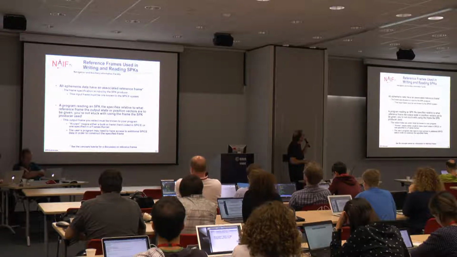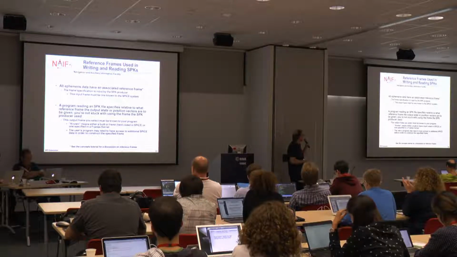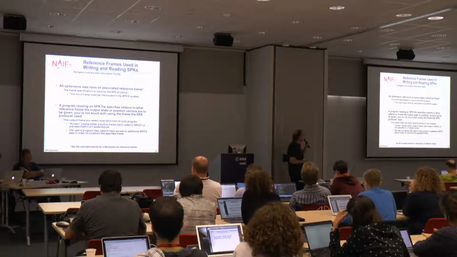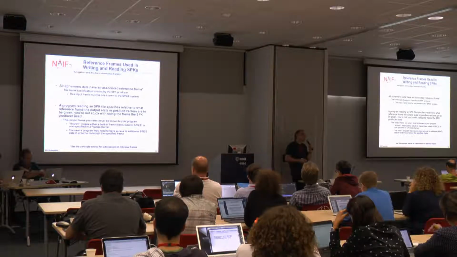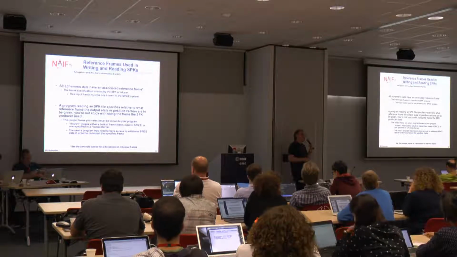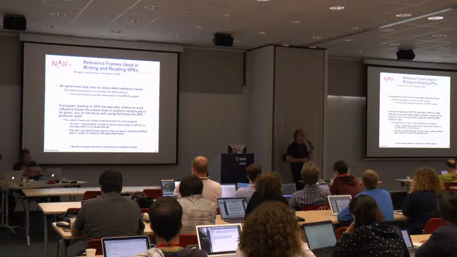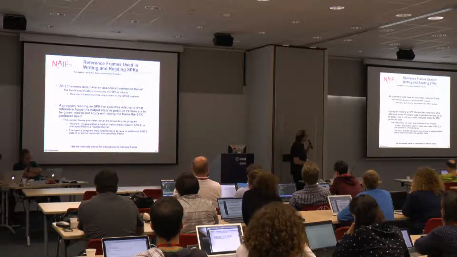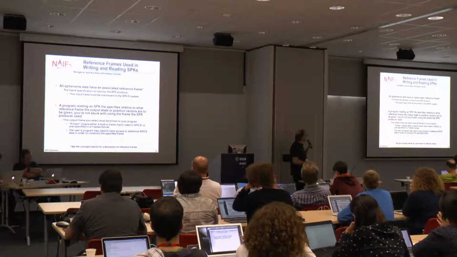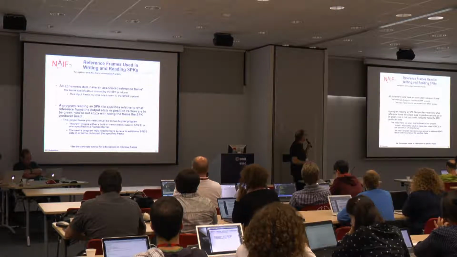Now, a program reading an SPK file specifies relative to what reference frame the output state or position vectors are to be given. You're not stuck with using the frame the SPK producer used. We already saw that in the chaining example where we asked for a state vector in the DSS14 topocentric frame, and that is not a frame that is used in any SPK file. The output frame you select must be known to your program, so either it's hard-coded in SPICE or specified in a frames kernel.